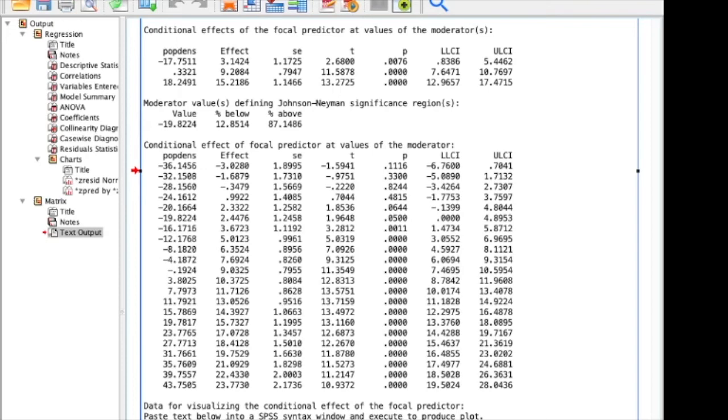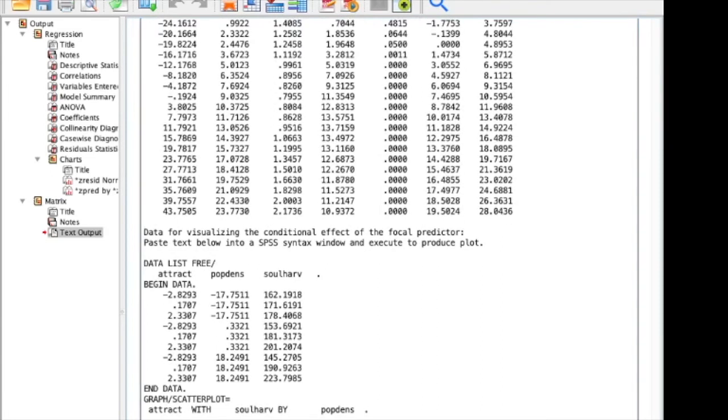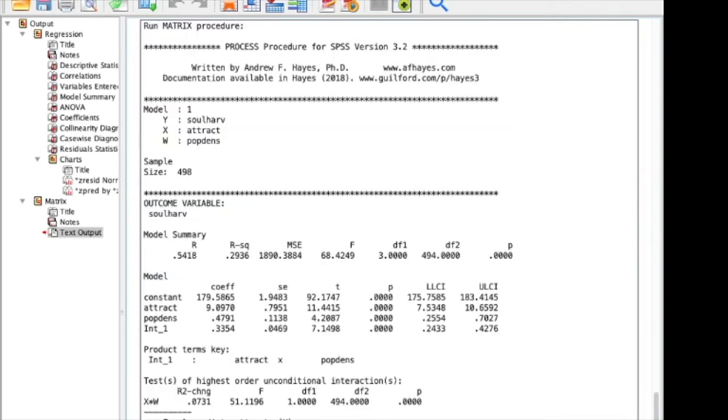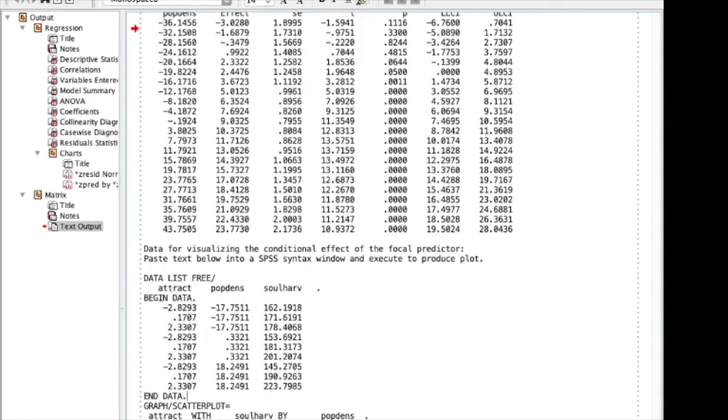Now, one of the nicest things about the process macro is this: data for visualizing the conditional effect of the focal predictor. All you have to do is copy and paste this syntax.